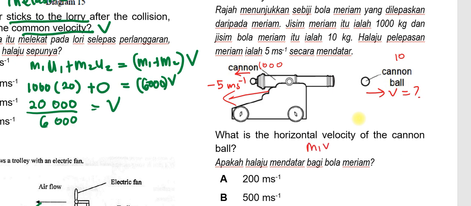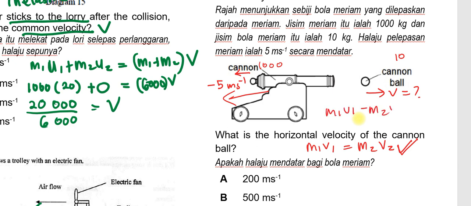So M1V1. If you want to use this formula, no need to put the negative. If you want to use the explosion formula, the simplified formula, you no need to put the V negative because I already brought them to one side. It was initially like this.